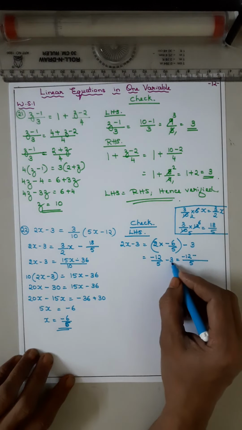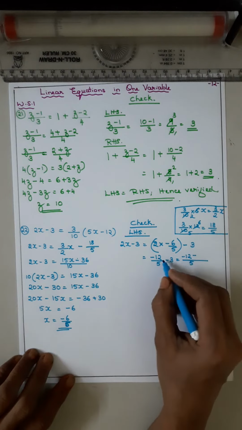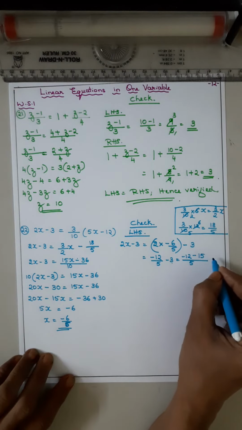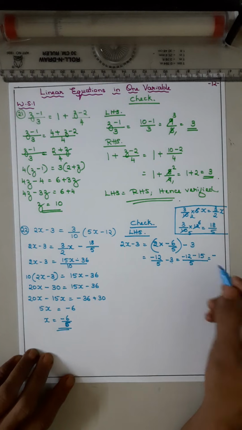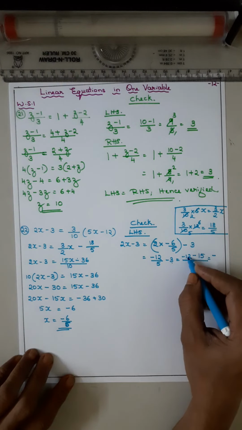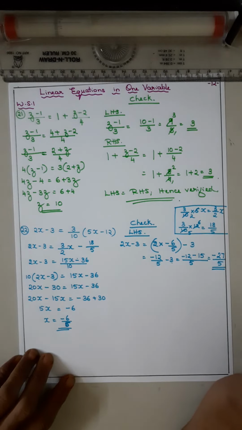Minus, here it is 1. So 1 5s are 5, 5 3s are 15. So it became how much? Minus minus, add, sign is minus, 15 plus 12, 5 plus 2, 7, 1 plus 1, 2. So you got LHS minus 27 by 5.